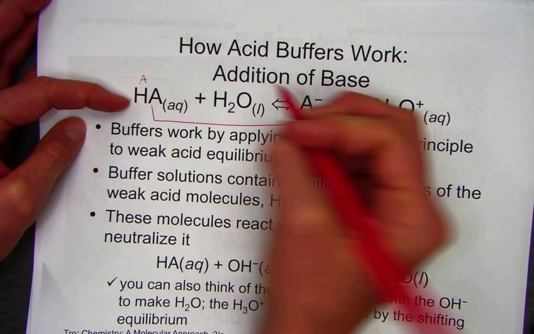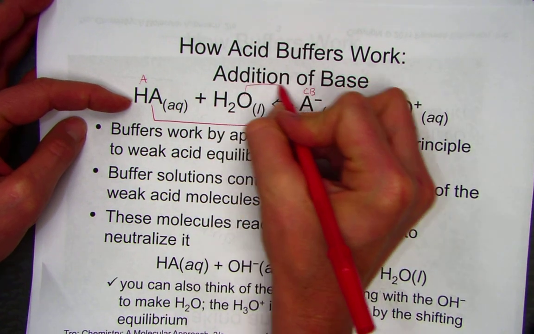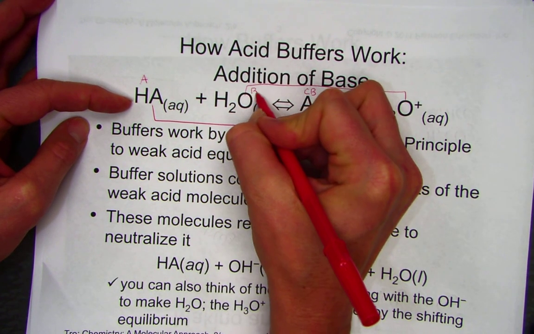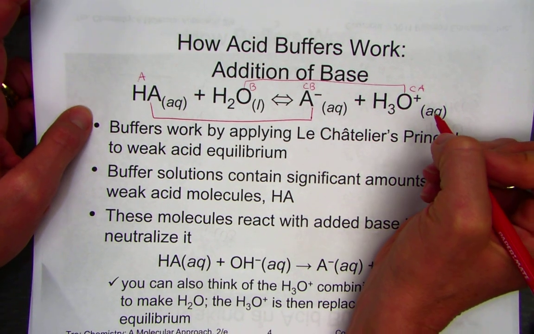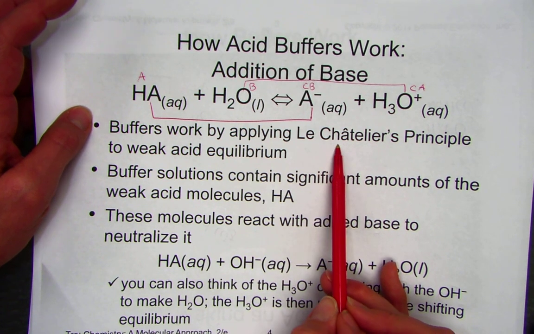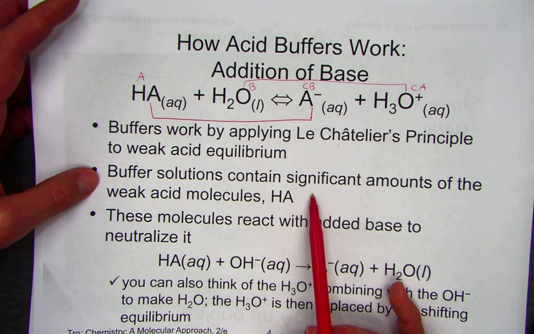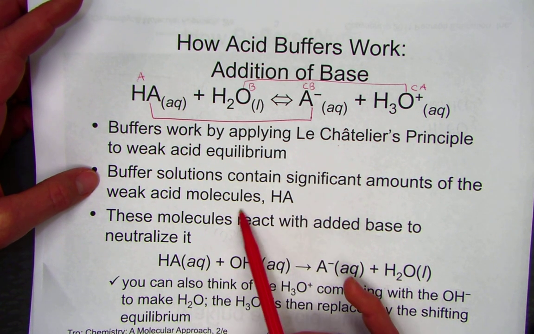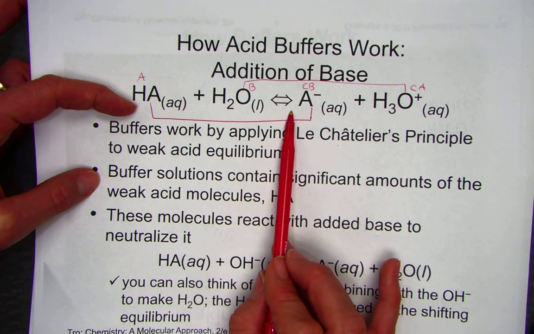I would label this the acid and this its conjugate base. Water then must be acting as a base and its conjugate acid, hydronium. So the Bronsted-Lowry theory. The buffer works by an application of Le Chatelier's principle. Buffer solutions contain significant amounts of the weak acid and equal amounts of the conjugate base.